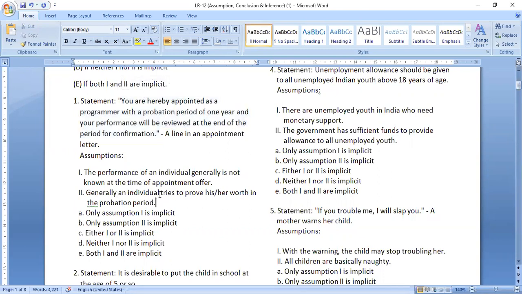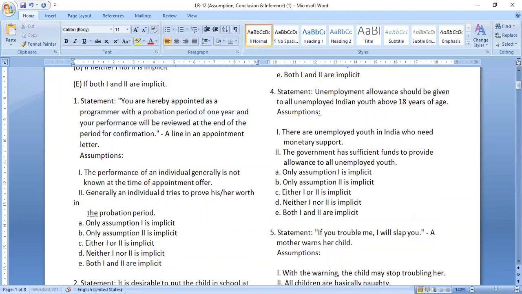Instead of tries, make it does not try: generally, an individual does not try to prove his or her worth. The statement becomes invalid, right?